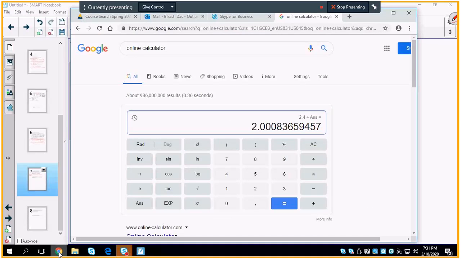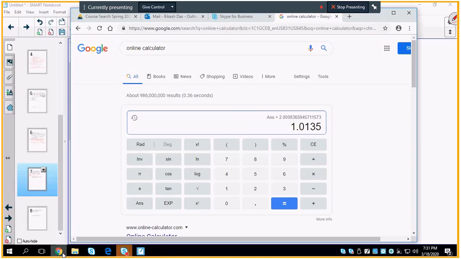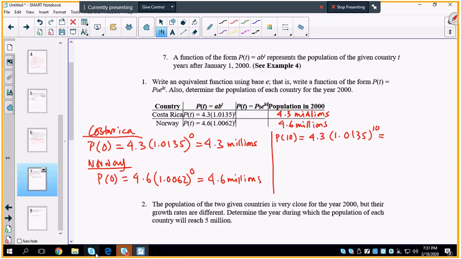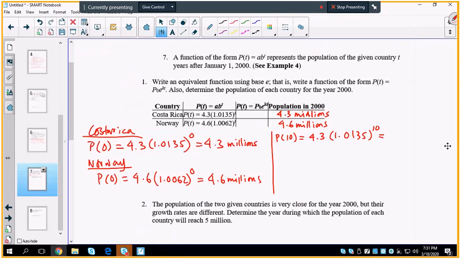So I'm working on 1.0135, raising it to the power 10, and then I multiply by the initial population 4.3, and that rounded to one decimal place is 4.9. So I have the population of Costa Rica in the year 2010.